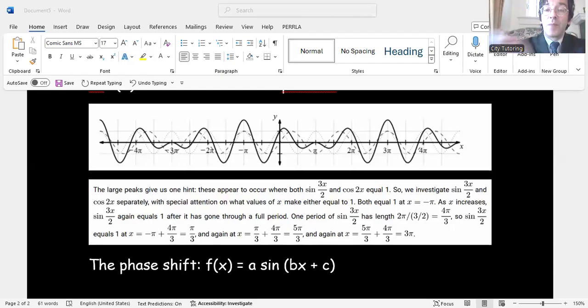And the phase shift is the smallest horizontal distance by which the graph of g of x equals a times the sine of bx must be shifted to produce the graph of f. Now, you typically use positive values for the phase shift if the shift is to the right, and of course, negative if the shift is to the left.